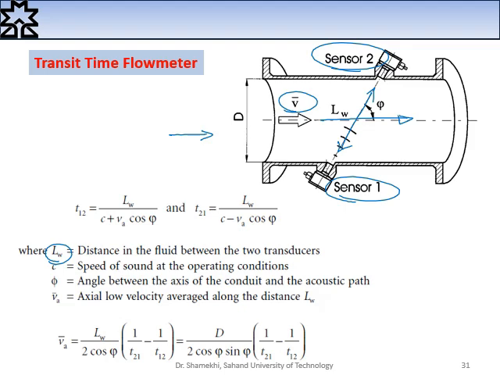And as you can see, we have two times of flight in this slide. Let me start from the first one.